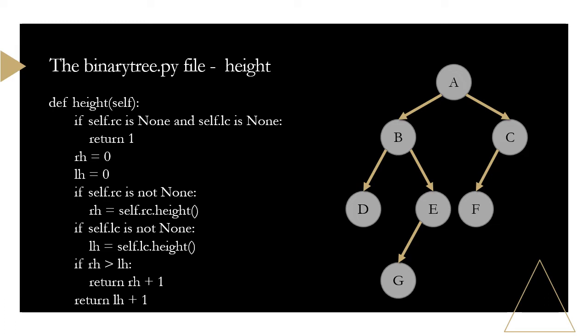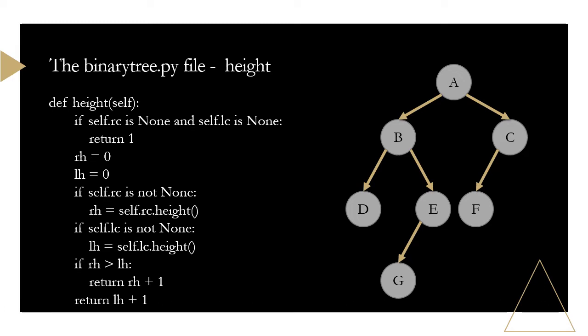Once you are done with this, then you check whether self.lc is not None. If a left child exists, call the height function again. So this is binary recursion, calling the same function twice within itself. This time height is being called for the left child of the node. Whatever value the height function returns for the left child, we place that value in LH.